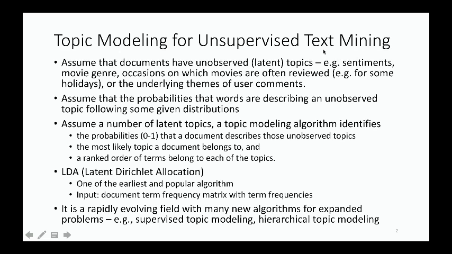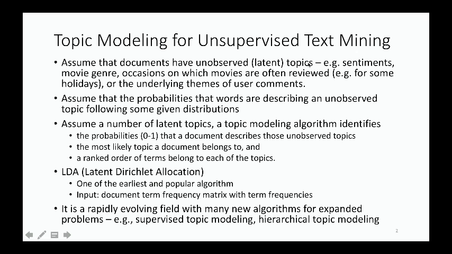And in the context of sentiment classification, if you're doing unsupervised sentiment classification, then you actually don't know the sentiments. So the sentiments of, for example, tweets, before you actually label them or try to classify them, are unobserved, latent.